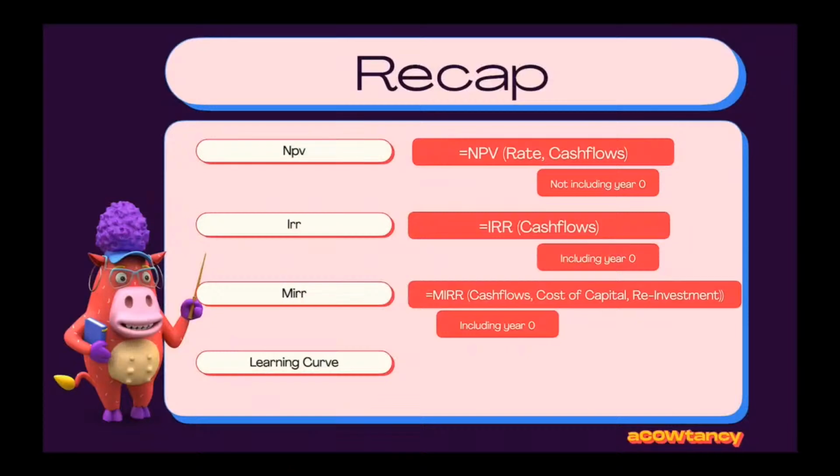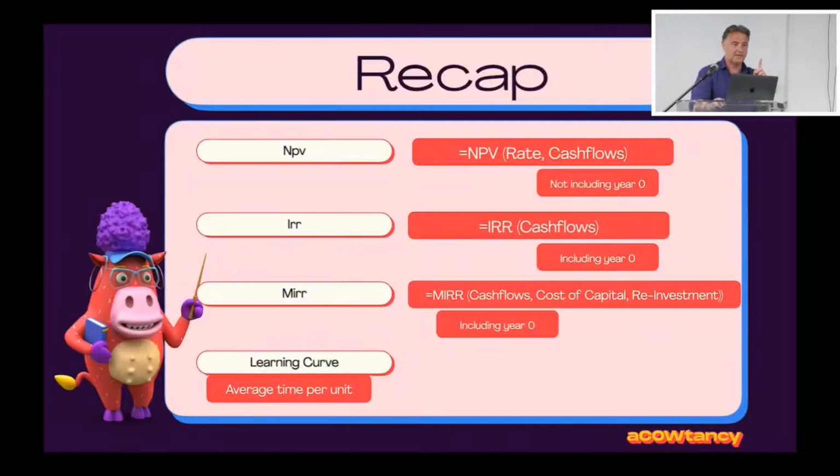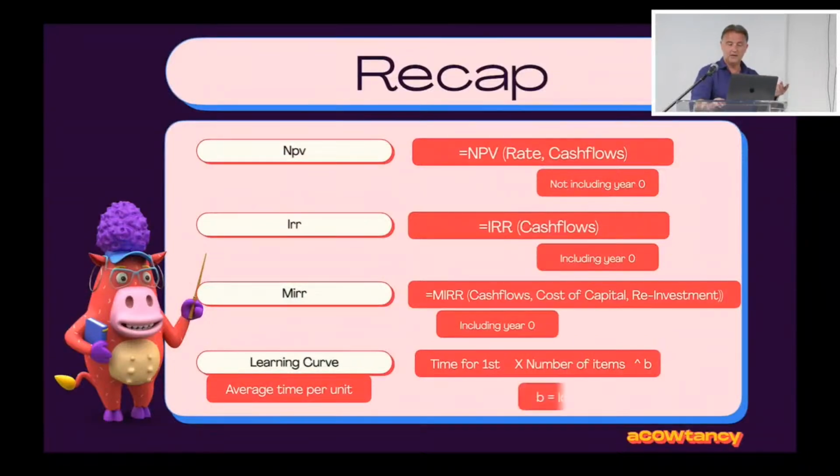Learning curve. Average time per unit, how do you work it out? Y equals, what was A? Time for the first. X, the number of units you're doing, to the power of B. How do you calculate B?